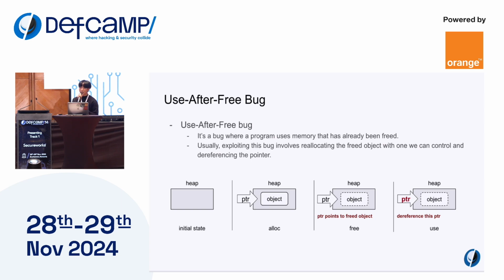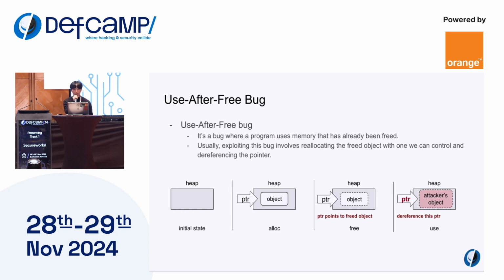Since the memory is now free and could be reallocated for a different purpose, reusing this pointer can lead to unintended behavior, and this is the use-after-free. That point is where an attacker can exploit a bug. They can reallocate the memory with their own data, taking control of the program's actions when the pointer is used.